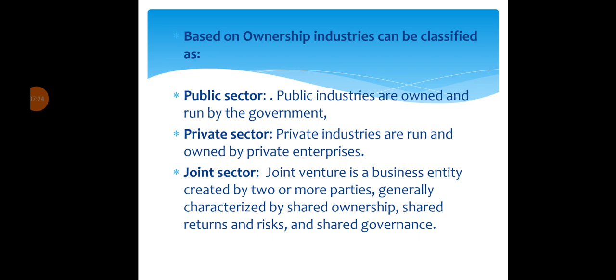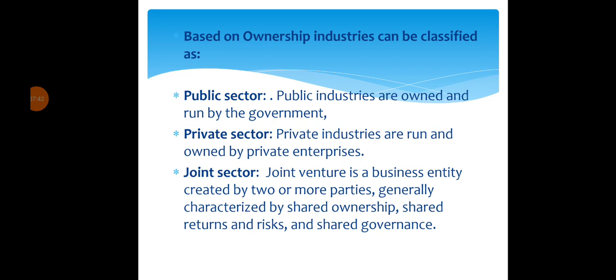Business based on ownership industries can be classified as public sector, private sector, or joint sector. So, what is public sector? Public industries are owned and run by the government.